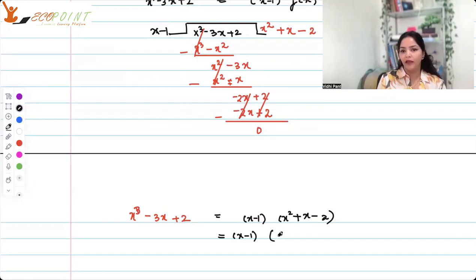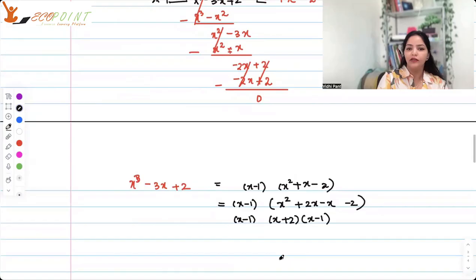Let's see. Minus 2, so 2 and 1. So x square plus 2x minus x minus 2, and that will give you the following factors: x plus 2, x minus 1.